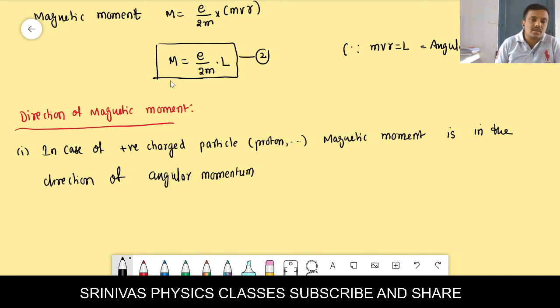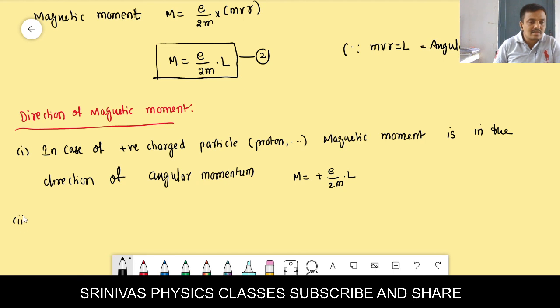In case of positive charge, you see this formula, if the charge is positive, we write m is equal to plus e by 2m into L. We write positive charged particle means m is in the direction of L, that's all. Magnetic moment is in the direction of angular momentum.